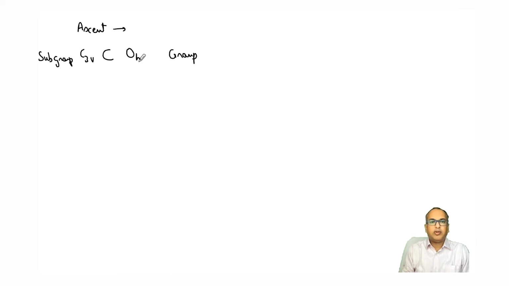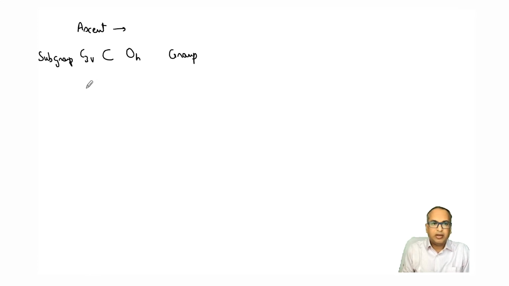So we can say that if we are going towards higher symmetry, C3V is a subgroup of OH. On the left hand side is the subgroup, right hand side is the group. The order of this is 48, this is 6, so you have a group subgroup relation.